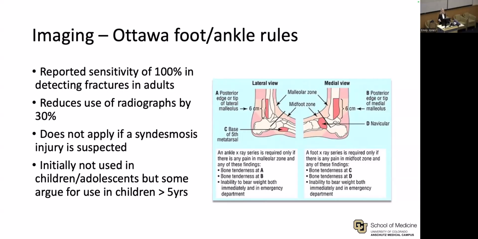So if they're sort of limping around, that counts as being able to bear weight. And then you'll get a foot series if they're also unable to bear weight, or if they have tenderness at the base of the 5th metatarsal or the navicular. So the 4 bony points that you'll want to palpate to determine whether you need an x-ray are the navicular, the base of the 5th, the medial and lateral malleolus. And then of course, if they can't bear weight, you're going to get an x-ray.